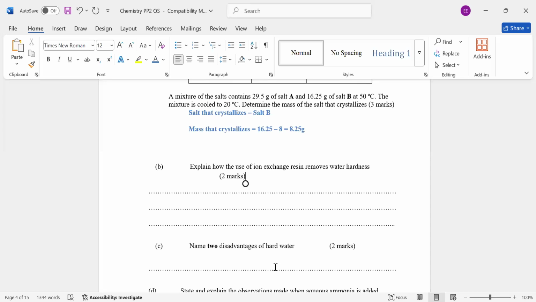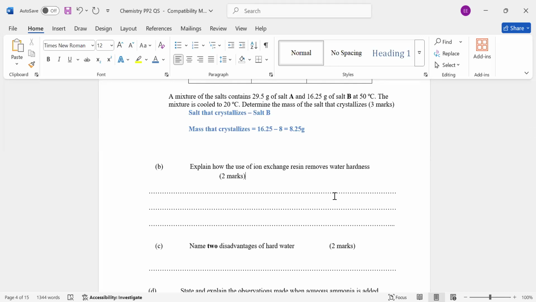Ion exchange means we exchange ions, like in precipitation reactions. We know that water hardness is due to the presence of magnesium ions and calcium ions. Those are the ones that are responsible.